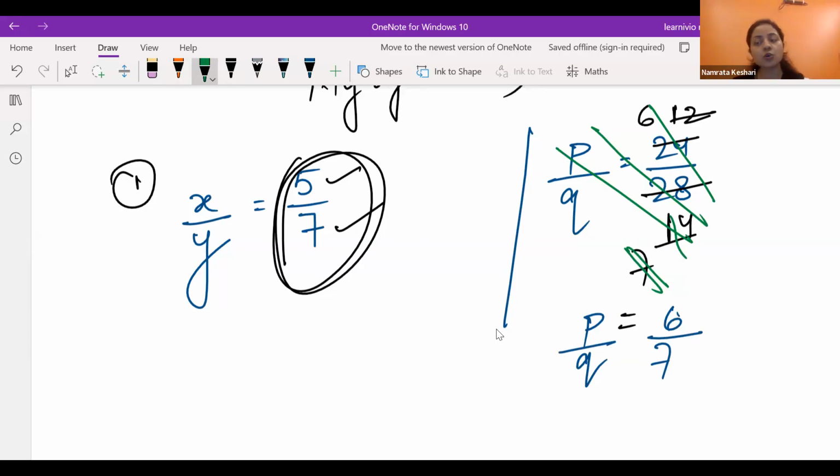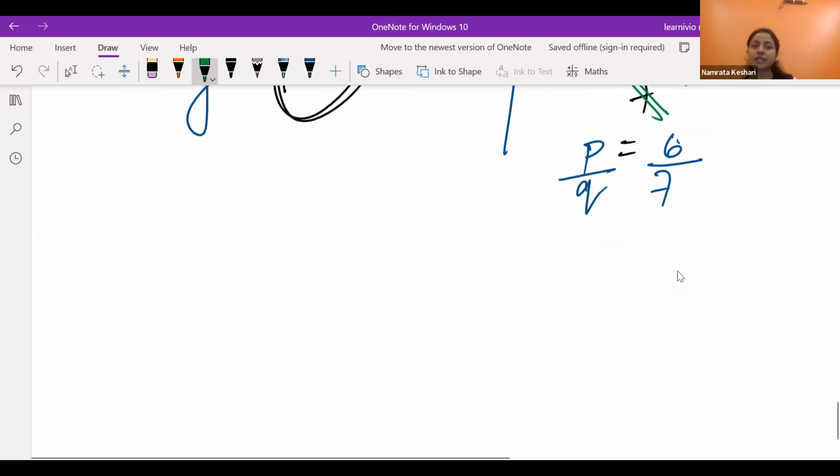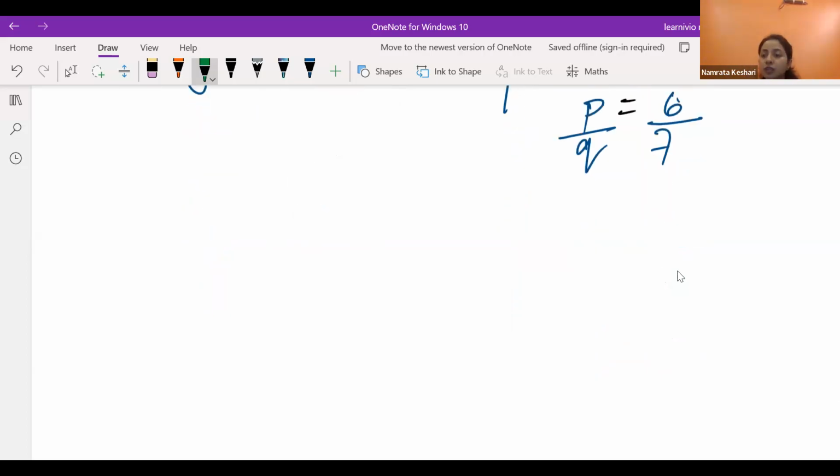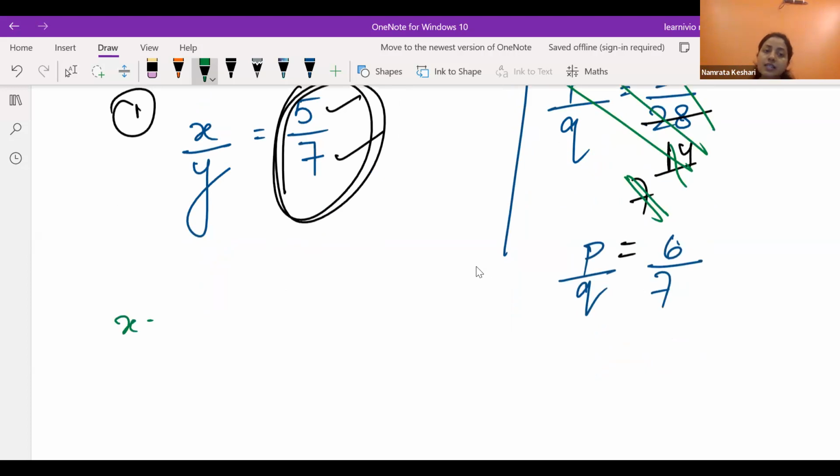If I say so, I am making a blunder. For the second case, if I say p is 6 and q is 7, that is also a blunder. So what we can do is assume that x is 5k and y is 7k.